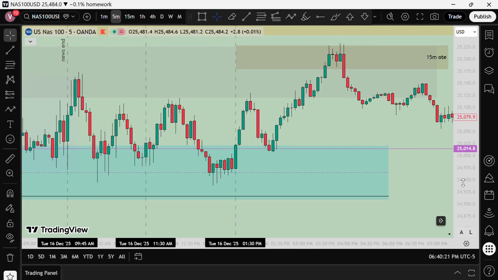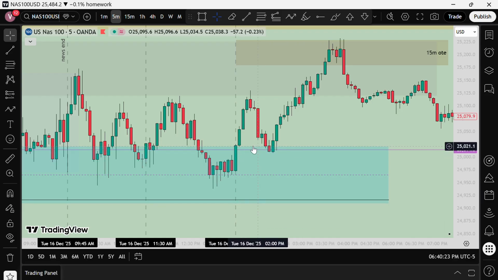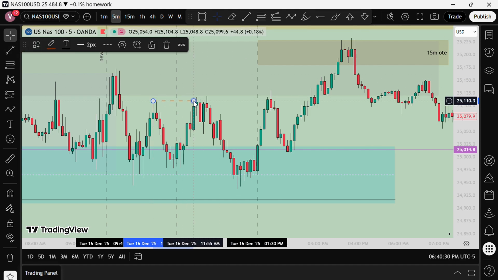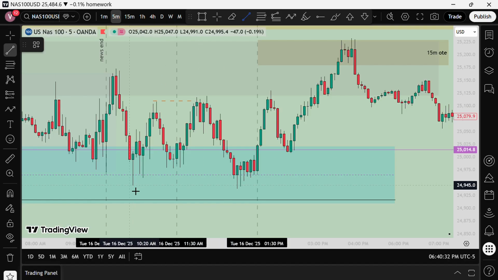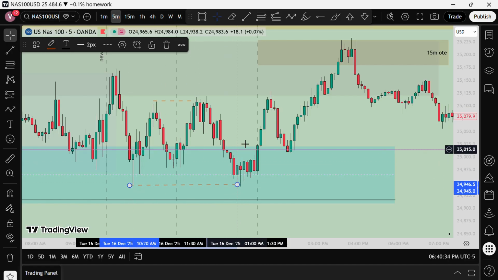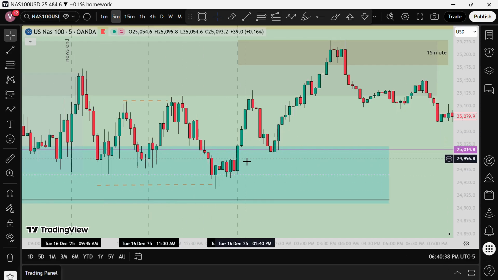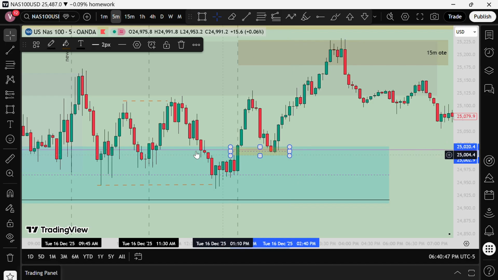Later, if you see, after 1:30, now that price has taken out minor buy side and minor sell side of the AM session, it leaves this fair value gap here, which is our institutional order flow entry drill.